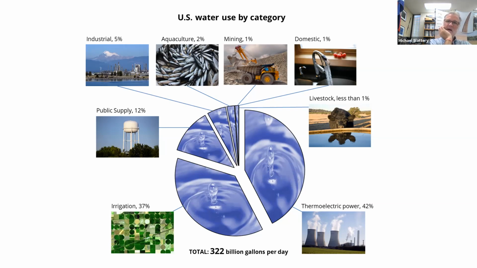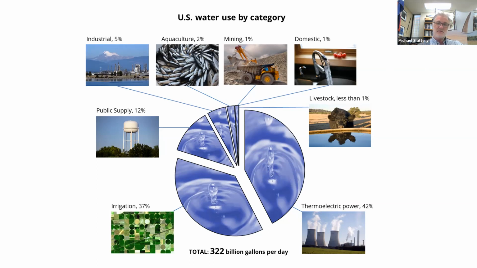Just as a guess, why do you think we are withdrawing less water? Think about chapter 3. Anybody?